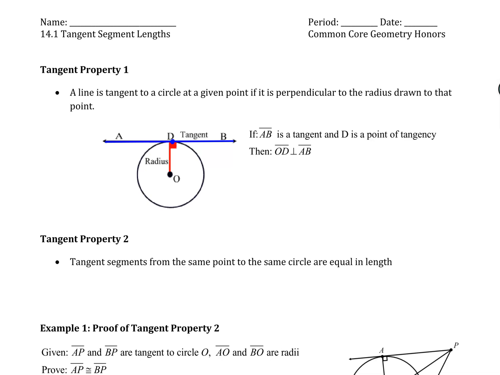If it intersects twice, into the circle, that's not a tangent line, that's a secant line. Remember that.